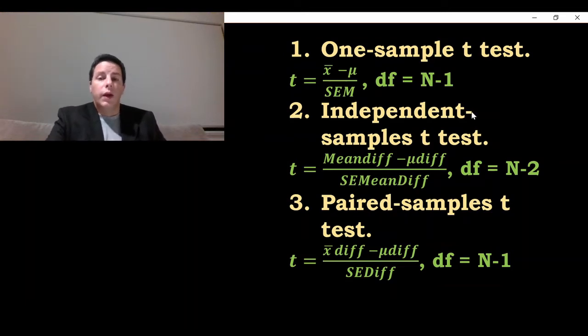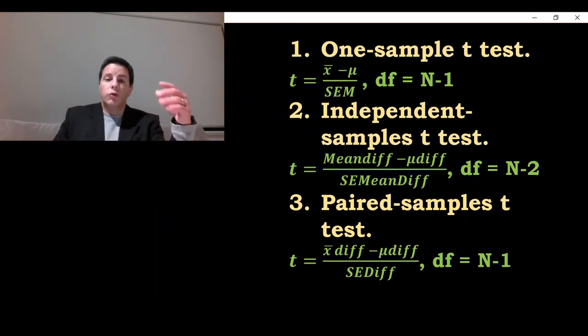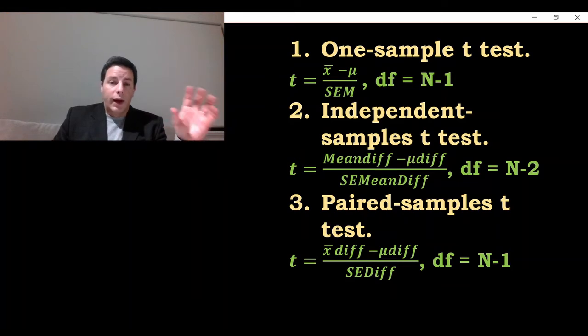So here mean difference stands for this: we've got a sample and in that sample two groups of participants, and we measure some dependent variable and we calculate the mean in each of these groups. So we calculate two means in this case. After calculating the means, we calculate the difference, and that's the value we have in the numerator, the mean difference.